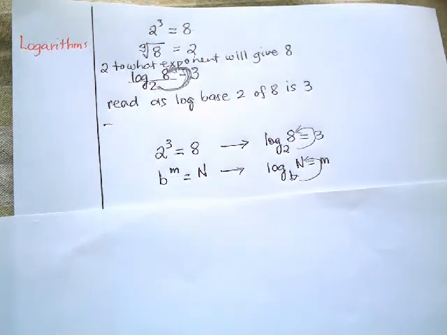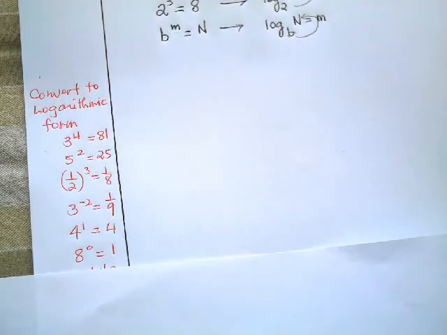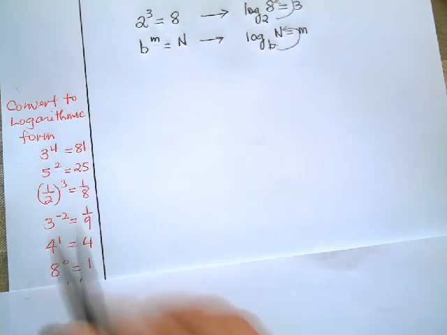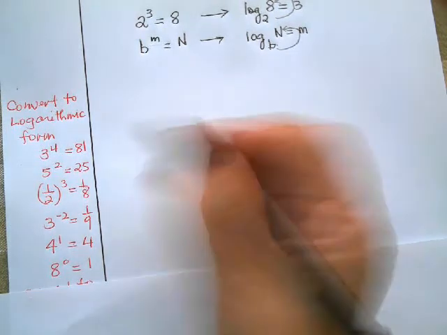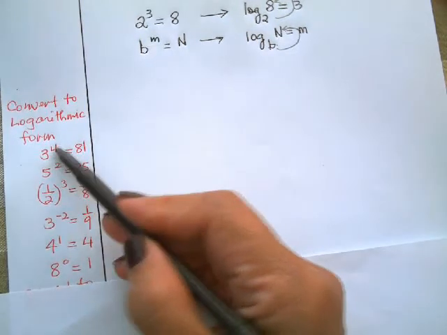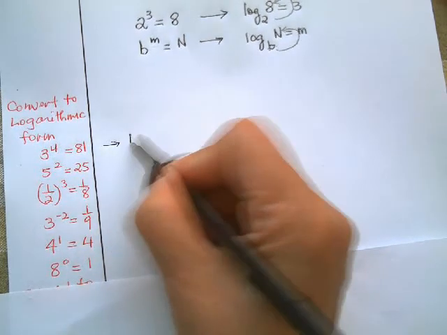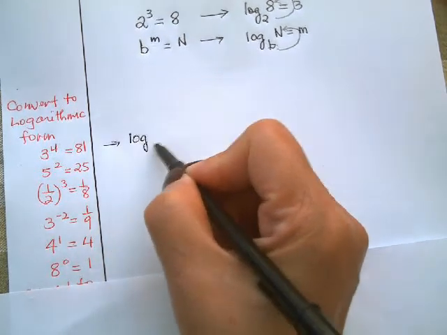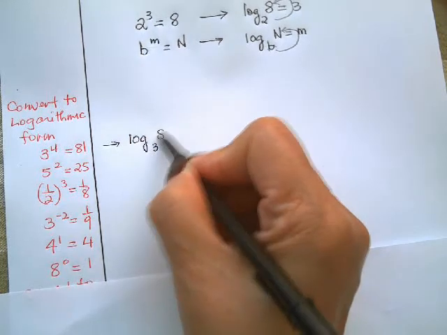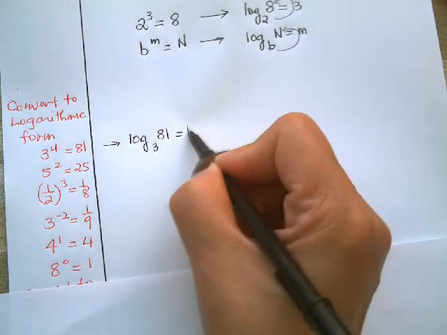I want you to answer this and convert this one. I'm going to start here. These are given in exponential form. You are to convert to logarithmic form. So 3 to the 4th power is 81. That will convert to log base 3 of 81 is 4.